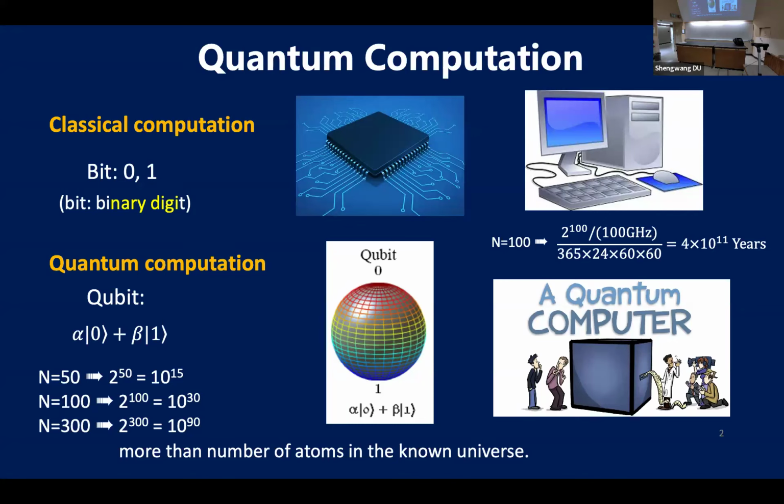But quantum mechanically, we can make 0 and 1 a superposition state. That means 0 and 1 are present simultaneously, and this makes quantum parallel computing possible. Let's make an example. For example, say we have 100 qubits.